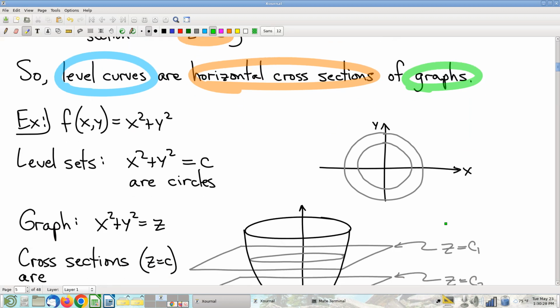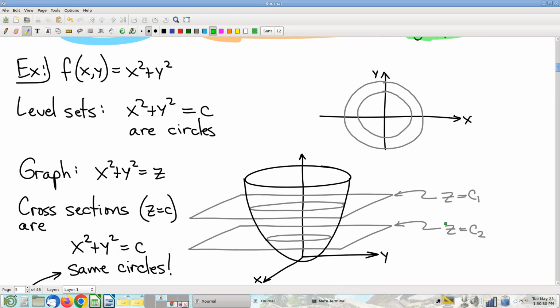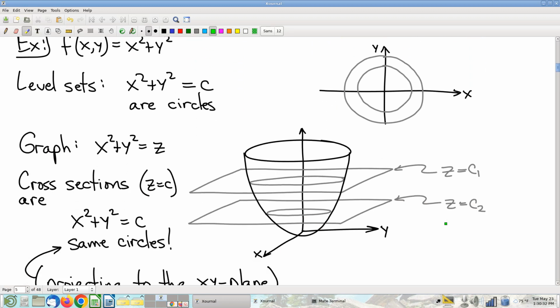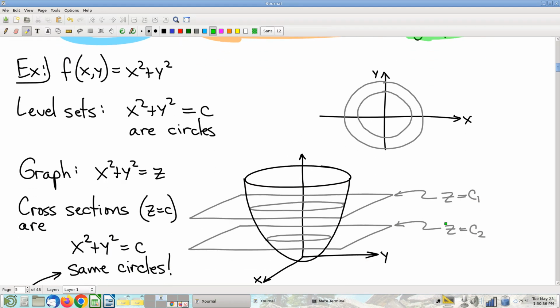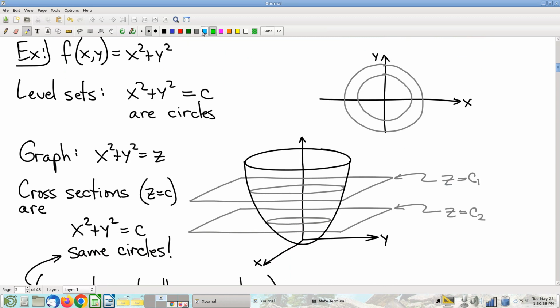Now let's see this in action. Here's an algebraic example. Let's see here. I get my colors. Okay, so green for graphs. Okay, that's easy to remember. So looking at this function f here, there's what the level sets look like. Level sets are various curves. Okay, what does the graph look like?